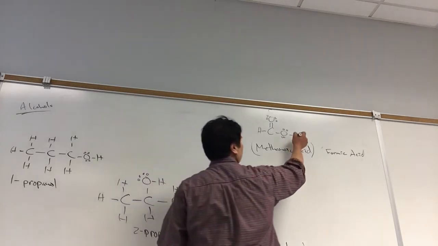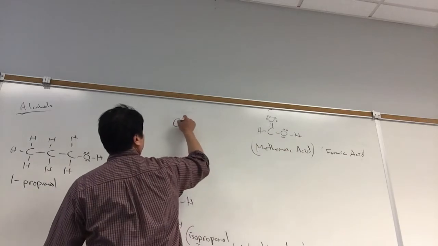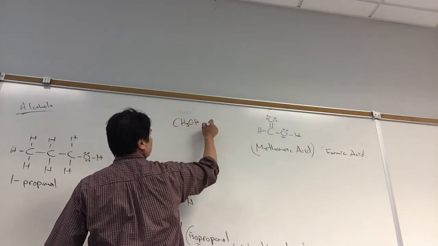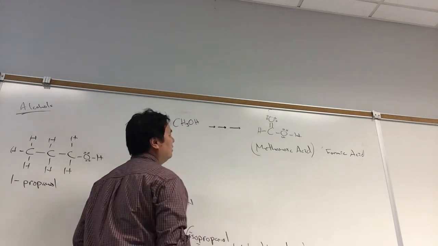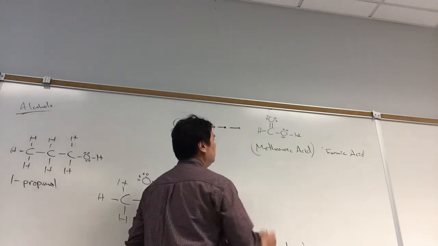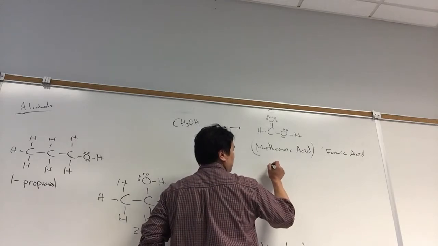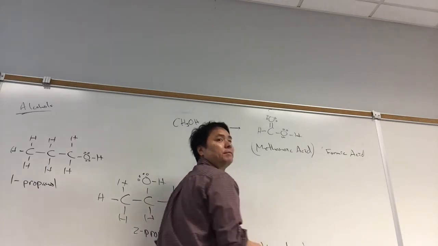They say that when you drink methanol, your body oxidizes the methanol. And as your body oxidizes the methanol, it creates formic acid. And formic acid attacks optic nerves irreversibly.